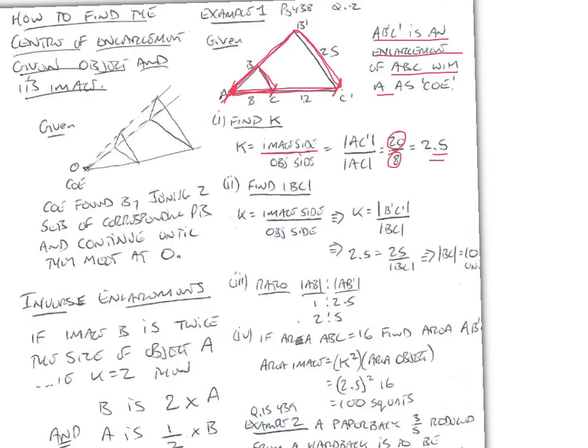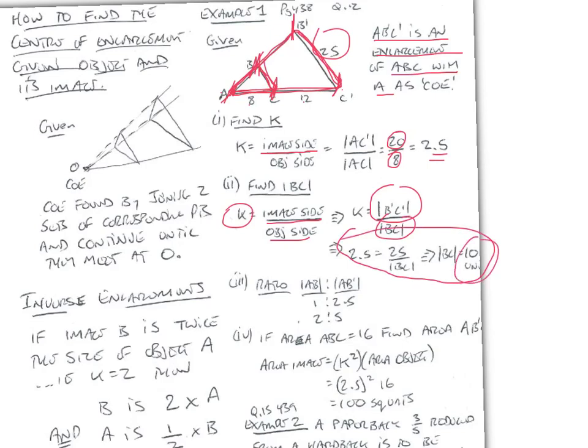Then we're asked to find the length of BC. The corresponding side for BC is actually B'C'. And we can just use the same formula again. The scale factor, which we now know, is equal to the image side over the object side. So the scale factor is equal to the length of B'C', which we know, divided by the length of BC, which we're looking for. If we work through this formula, we'll see that the length of BC is equal to 10 units.